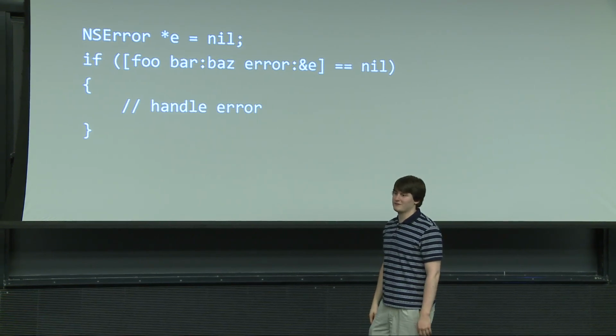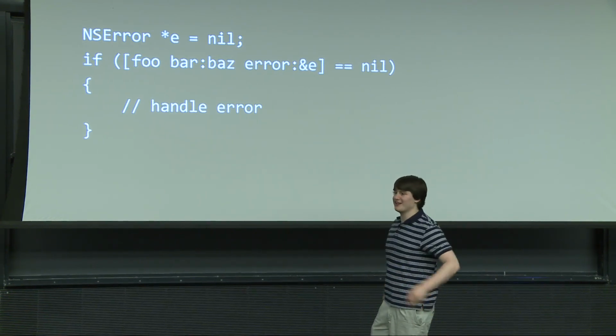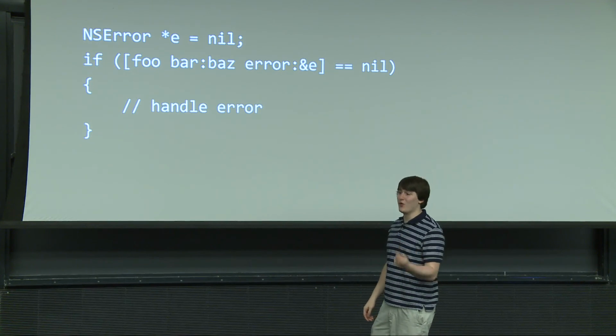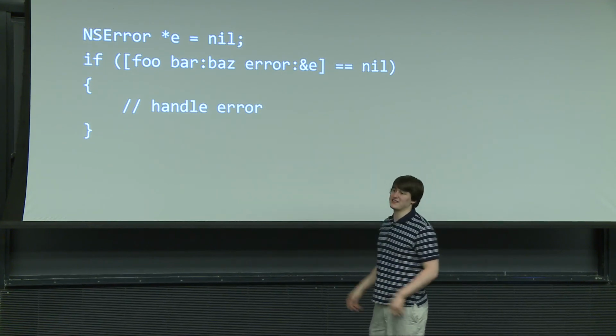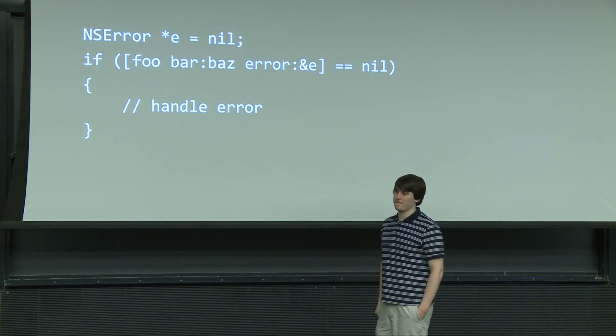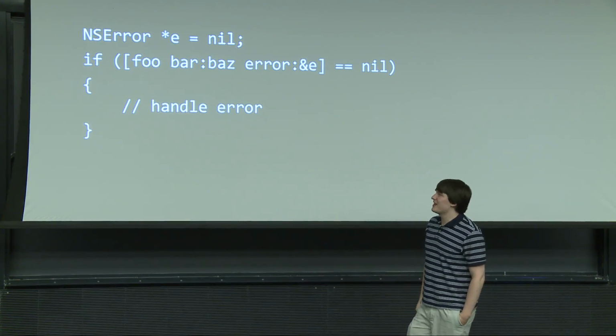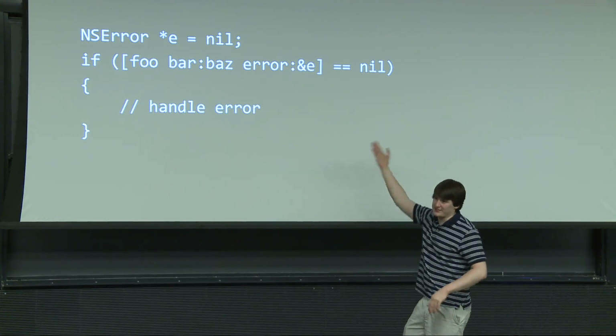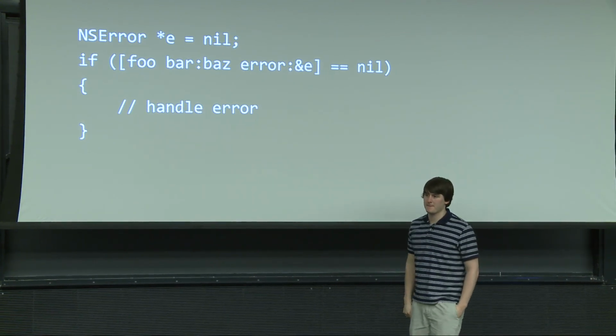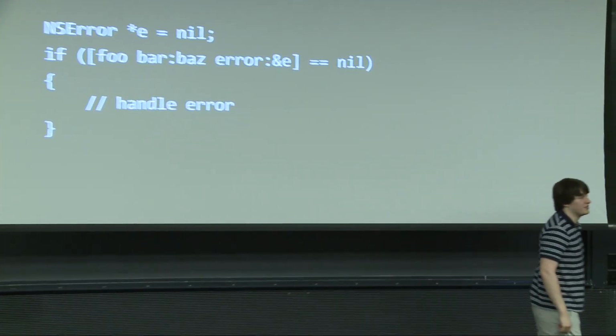But in this example, we say nil is returned on error, and what that error was is inside of E. It's not like a try-catch in Java. Instead of just failing, we just put it inside of E. But other things do use the try-catch syntax. Some things don't have this.